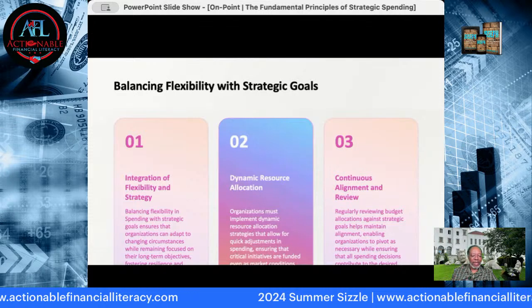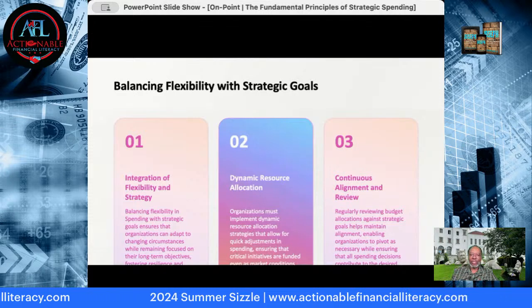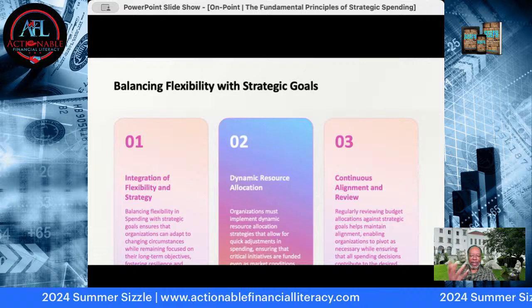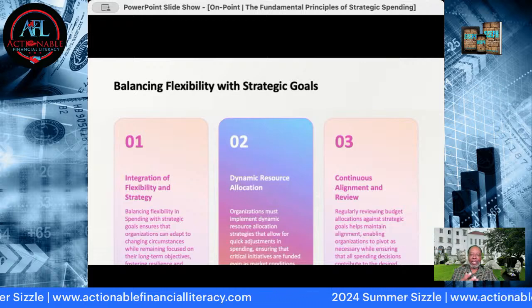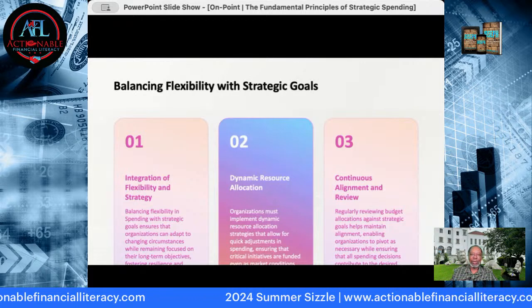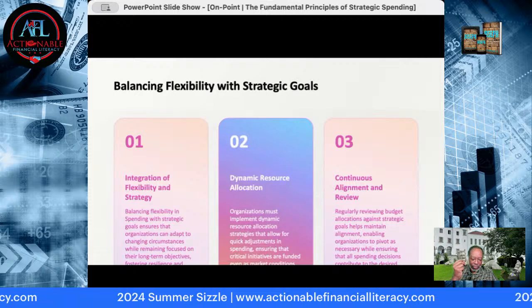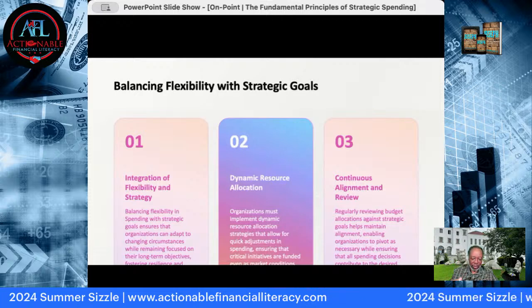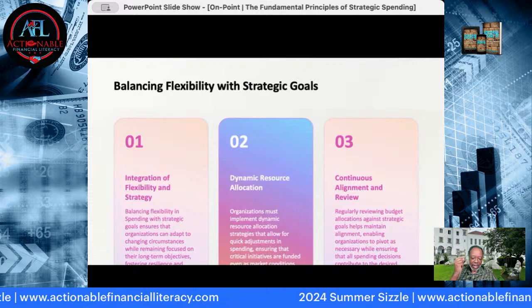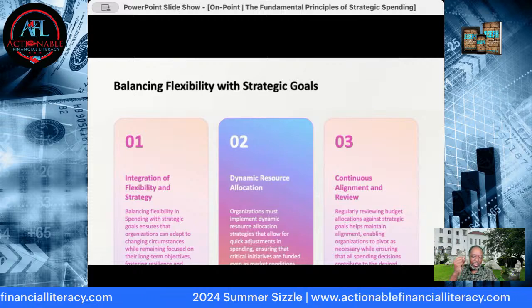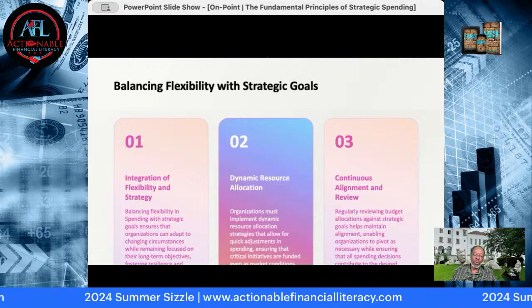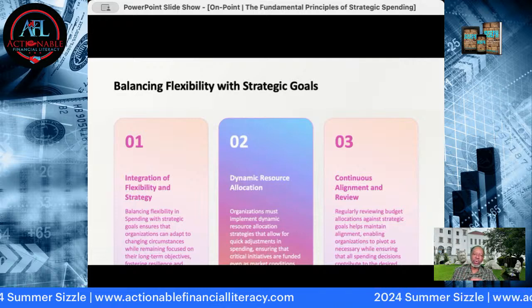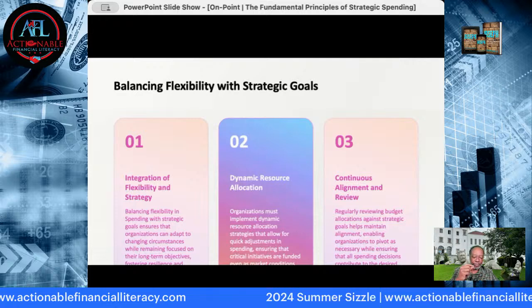So being flexible like that, you have strategic goals you want to accomplish. The planning aspect of it and the spending aspect of it is paramount when you have those goals lined up. So regularly reviewing your spending pattern, helping to maintain and enable your organization to pivot when necessary, is important, and that's a continued review and alignment of your spending pattern.